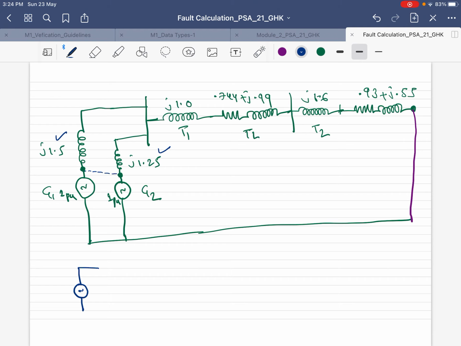Therefore, I am showing these two in parallel in this direction. It is j1.5, it is j1.25. Then the rest of the impedances and reactances remain the same.